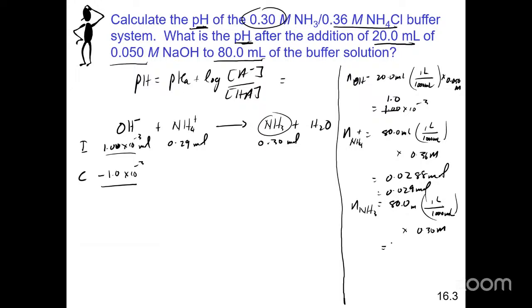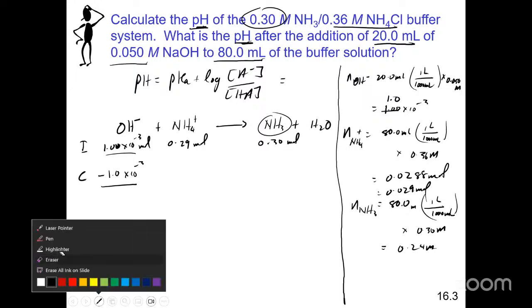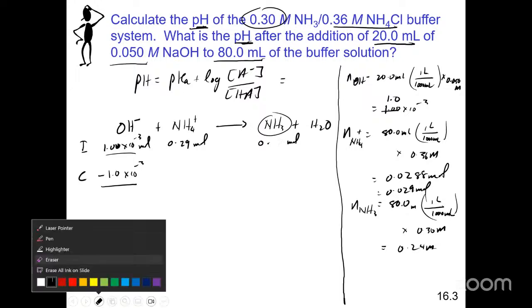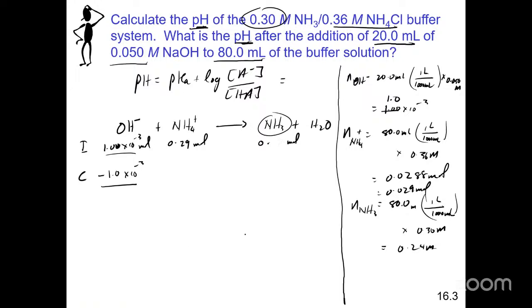So this should be 0.024, which means that this here should be 0.024. Thank you guys for picking up on all these little errors that I'm making. 0.024, yeah, thanks.